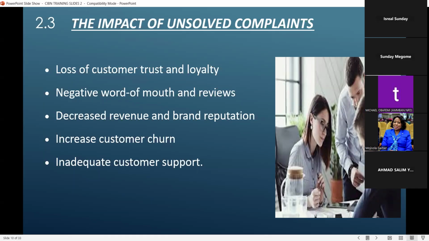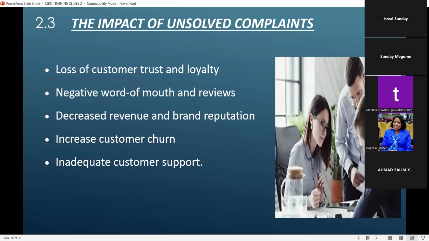Number three, it will decrease revenue and brand reputation. You can imagine if somebody comes to your office or your shop and creates a scene, and more than 500 people gather. Chances are that people passing by the road won't have the chance to come near your place to ask what is happening. From far, they will just draw inference about your business. That place, people gathered, I'm sure they've stolen somebody's money.